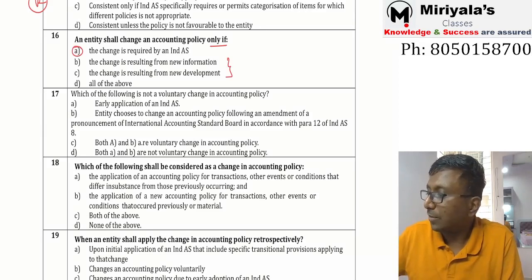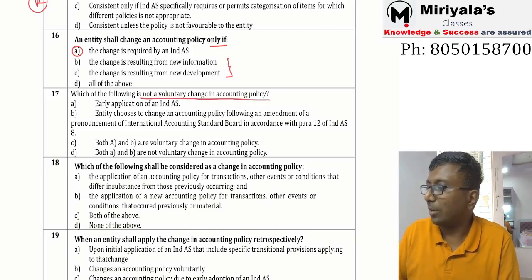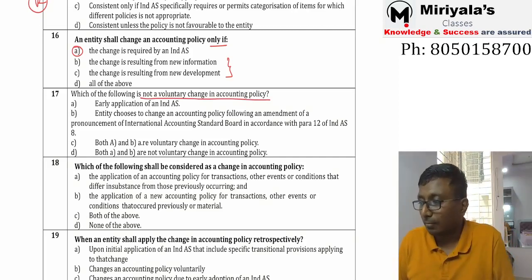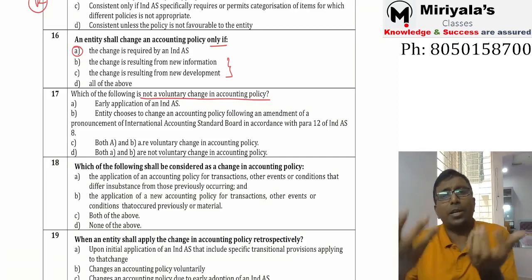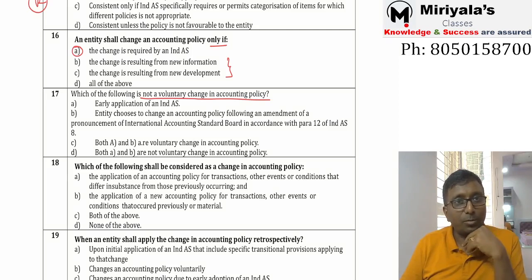Which of the following is not a voluntary change in accounting policy?